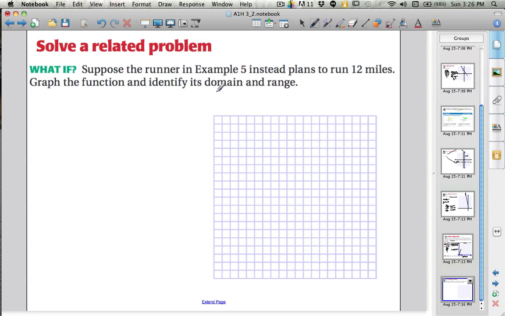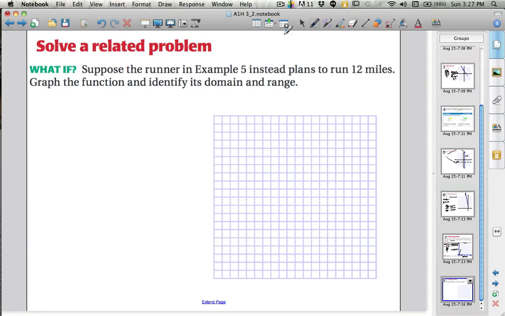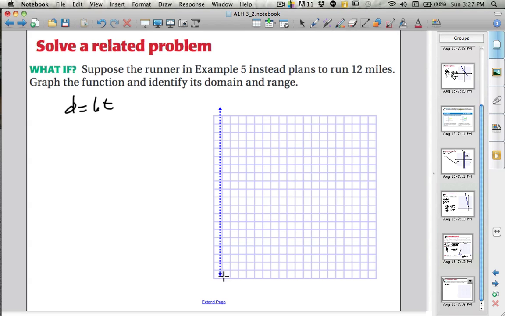Okay, and what if the runner plans to run 12 miles? Well, if we go back, distance is equal to 6t. I'm still in the situation where I can't run negative distances or negative time.